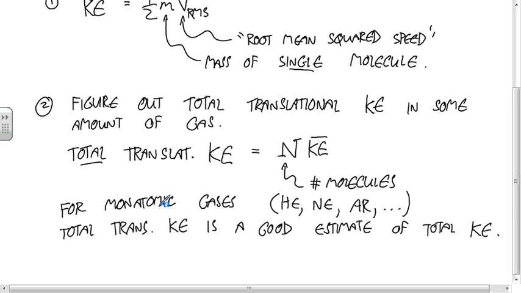So if you have a monatomic gas, translational kinetic energy is most of the kinetic energy of the gas. And you can use the total translational kinetic energy as an estimate of the total energy.